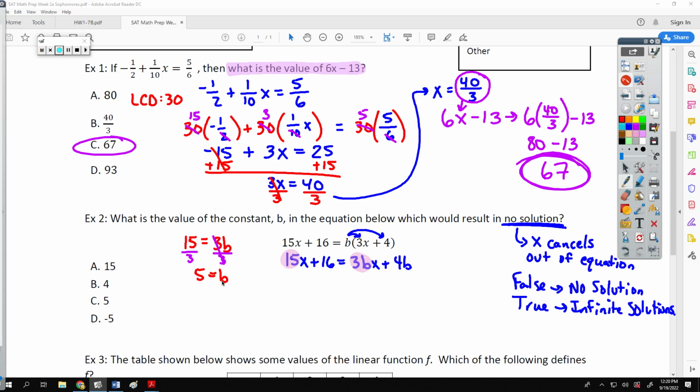If b is equal to 5, then you're looking at 15x plus 16 equals 15x plus 4b. I'm sorry, 4b would be 20 because b is 5. So 15x plus 20.